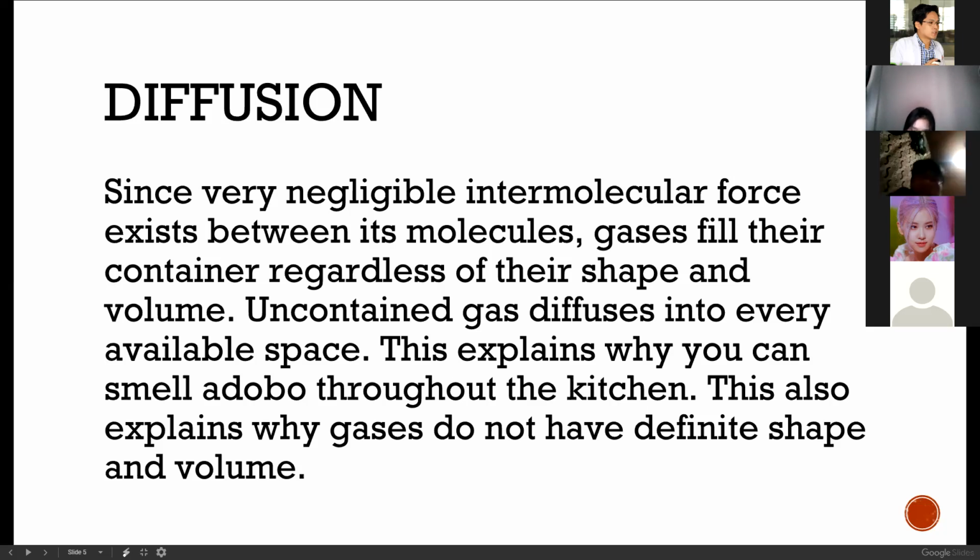When someone is cooking in your kitchen, you can smell the fragrance of the food simply because gas diffuses easily. That is diffusion. It mixes with the other gases, and you can smell the fragrance of that particular food.